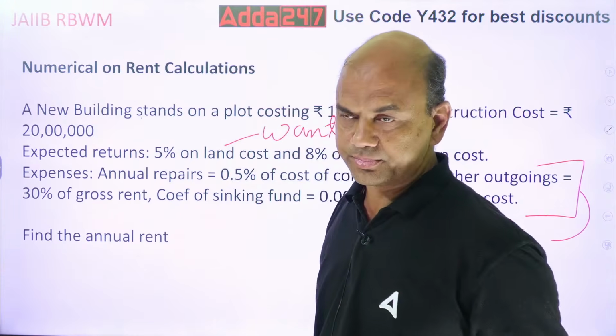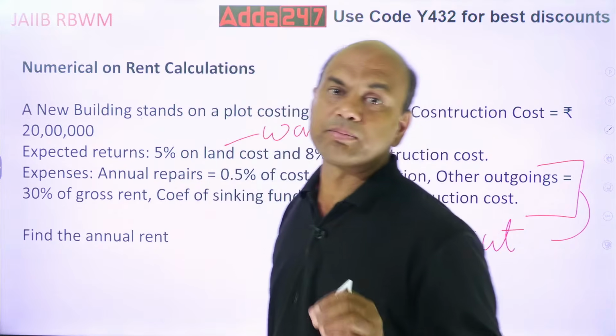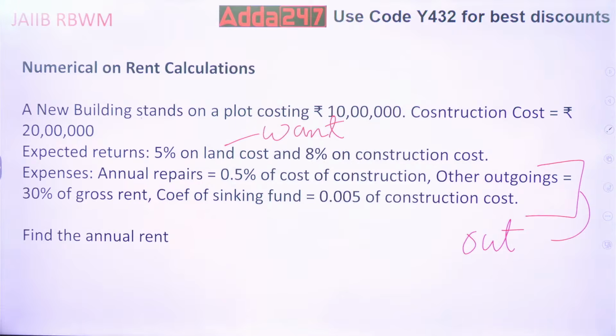Number 1, what is the answer? Everyone give me the answer. 0.5% of 20 lakhs. 5 tens are 10, and divide everything, percent means divided by 100. So what are you getting?